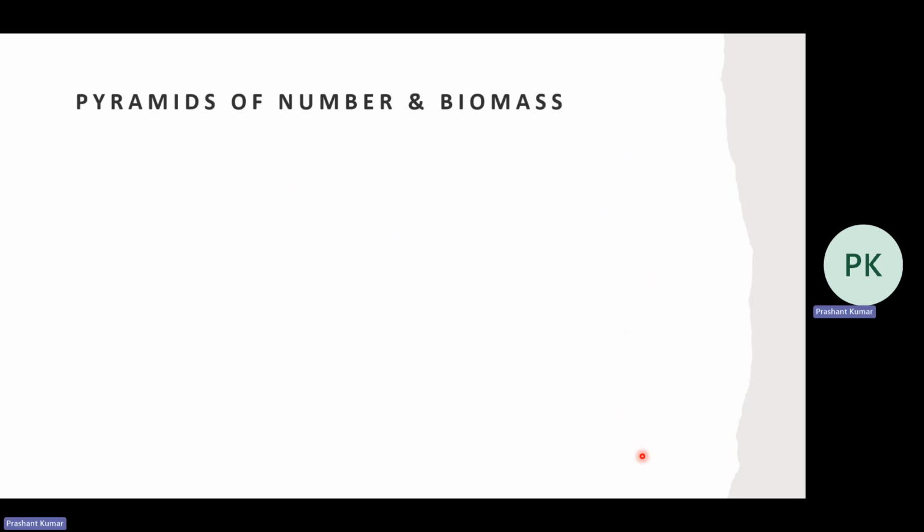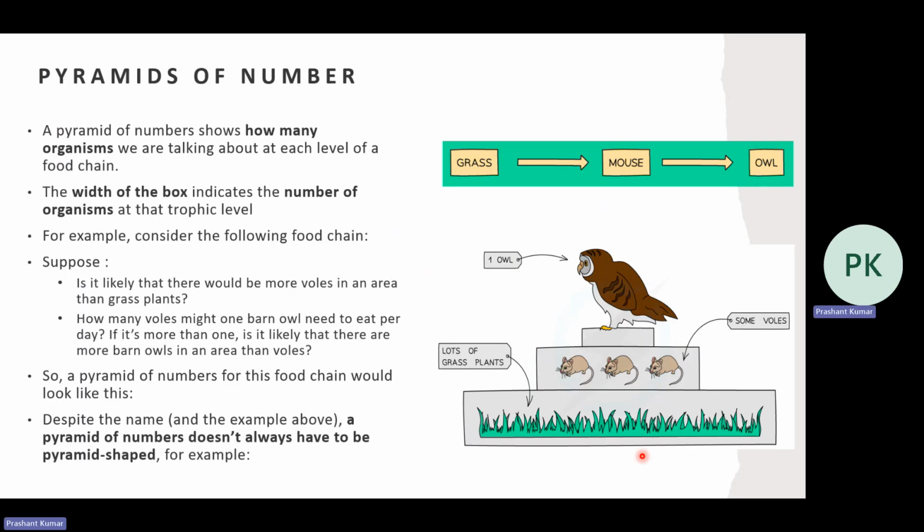Pyramid of number and biomass. Let's talk about what a pyramid is, what a pyramid of number is, and what a pyramid of biomass is. Pyramid means something in a triangular shape. When we make a food chain, it's in a triangular way, in a block diagram. You can see the first block at the base, the second one, and the third one.